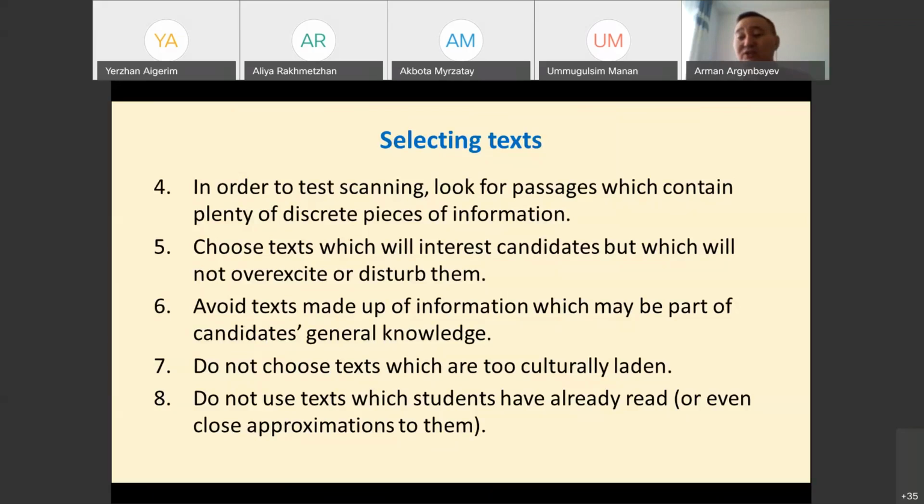Selecting texts which are interesting could be helpful, useful, but it shouldn't be too interesting. If it is too interesting, students might be overwhelmed by it. I once remember when I was at school, there were 7th graders, and somehow we talked about planets.